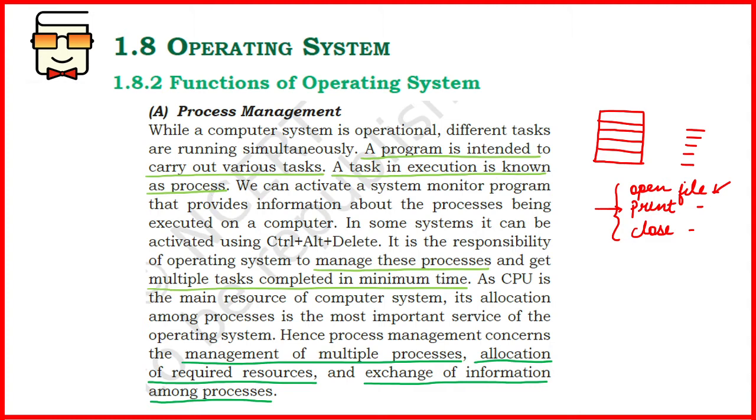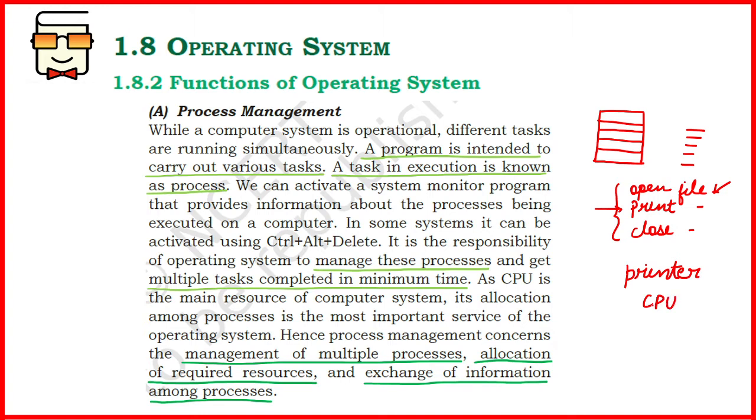Now if a process is getting executed, it may not be necessary that the CPU is completely utilized in performing that process. If a document is getting printed, then the printer is occupied, printing a document and performing some function, but at that time the CPU is idle, it can do some other work.